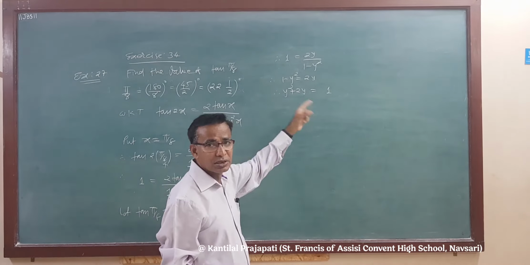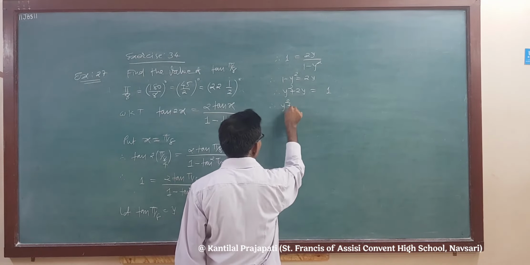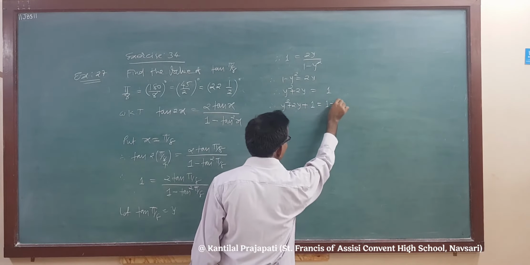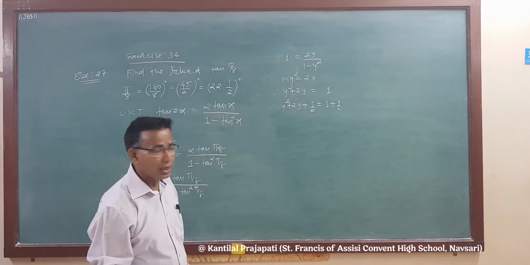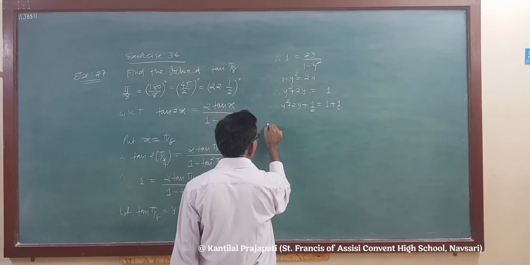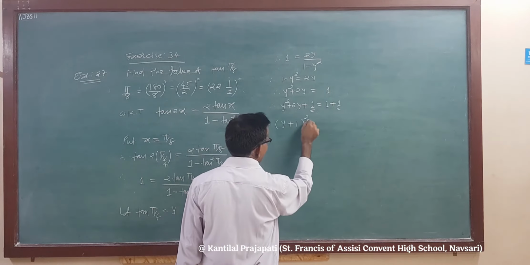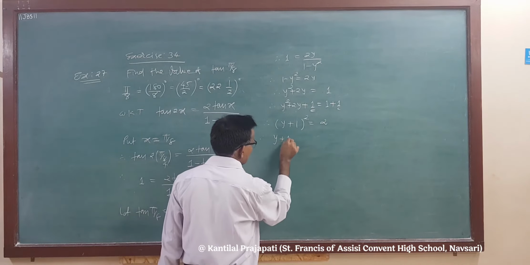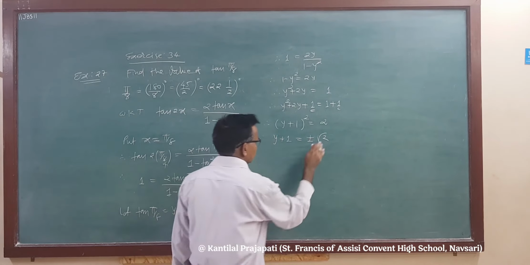So we add 1 on both sides. Y square plus 2y plus 1 is equal to 1 plus 1, by adding 1 on both sides. And therefore now, what is the LHS? Y plus 1 whole square, and it is equal to 2. And therefore y plus 1 is plus or minus root 2.